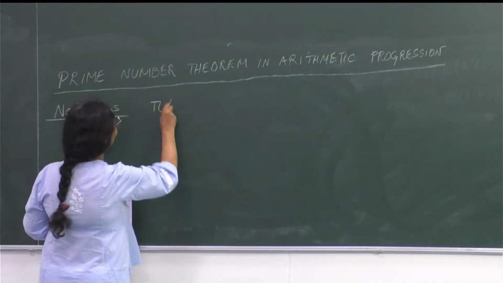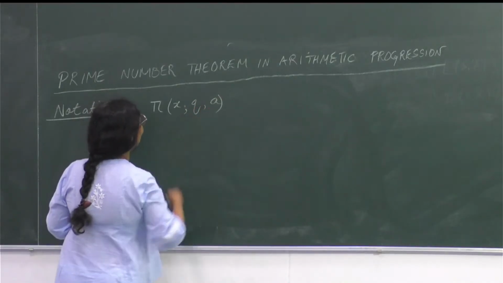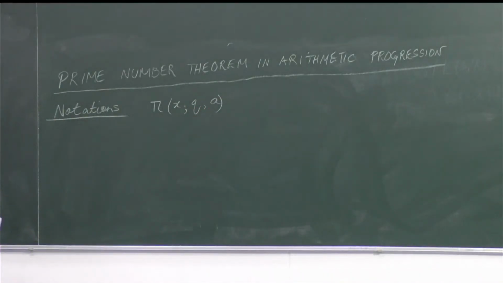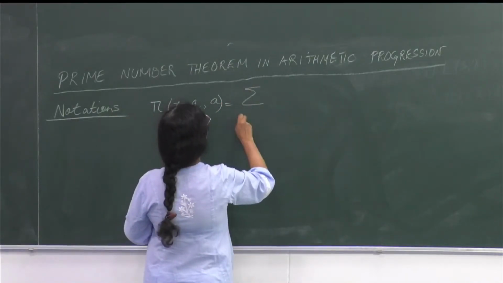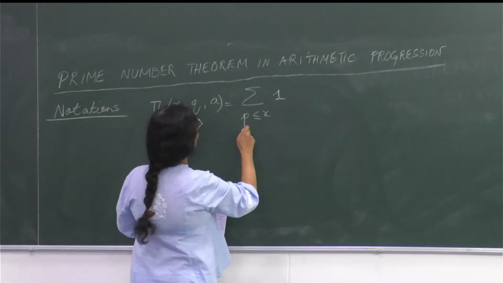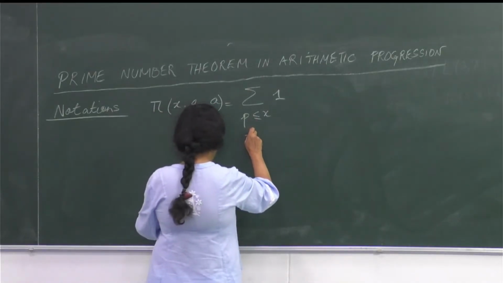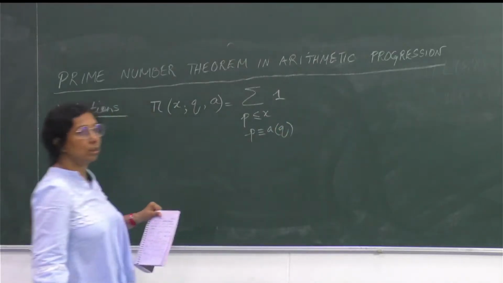And so this is pi(x; q, a). The new thing here is the q. So this is the number of primes which are less than x, but not all primes, only those primes that are congruent to a modulo q.